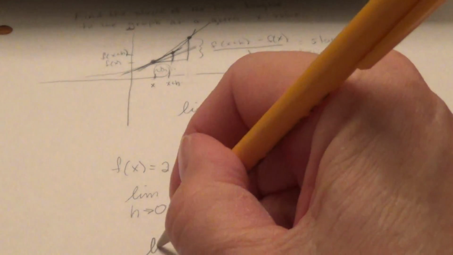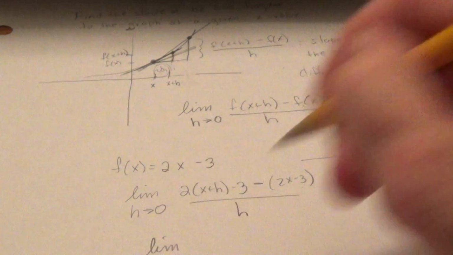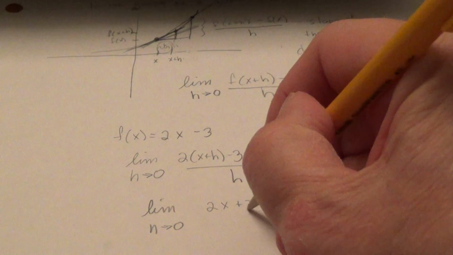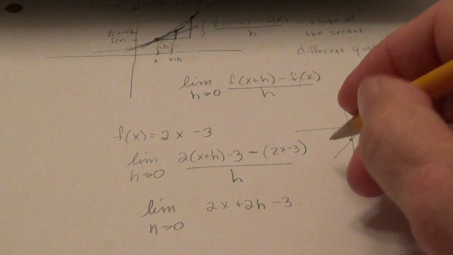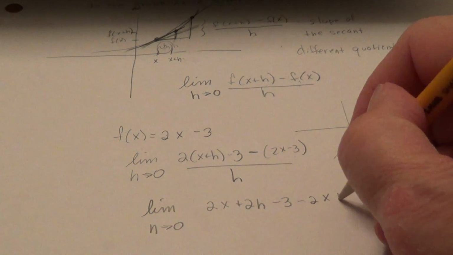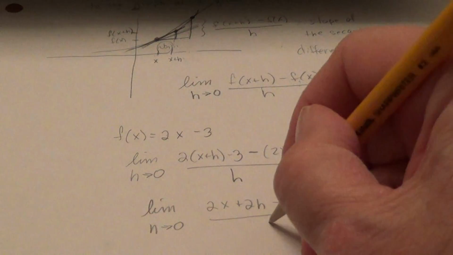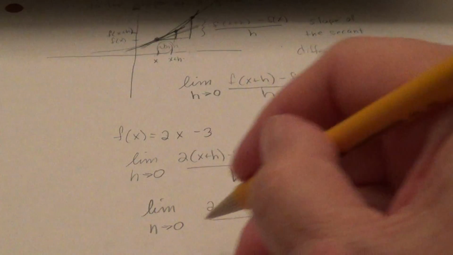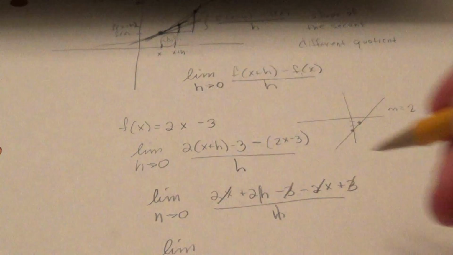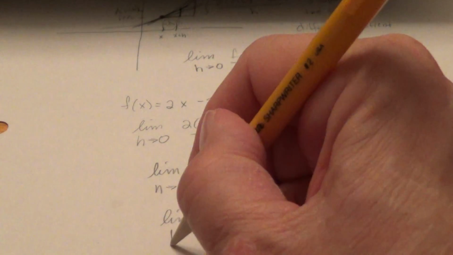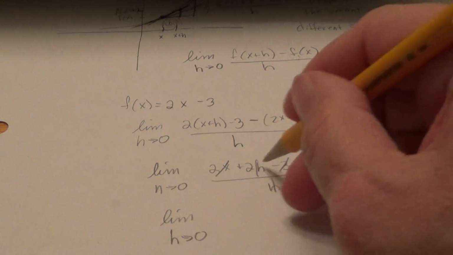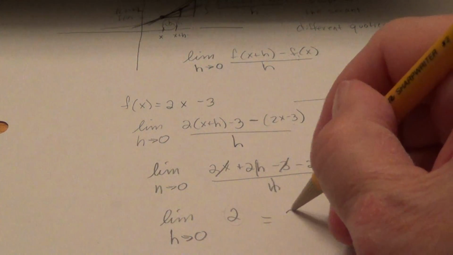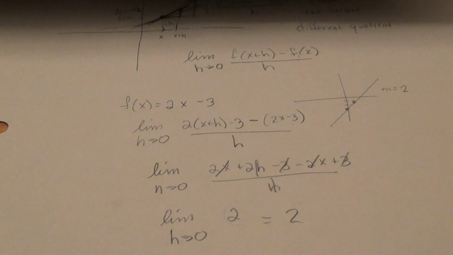In the numerator we have 2x plus 2h minus 3 minus 2x plus 3, all over h. The fun part: we get the limit as h approaches 0 of what's left, just a 2. Since there's no h in that expression, the limit is just 2, which we expected.